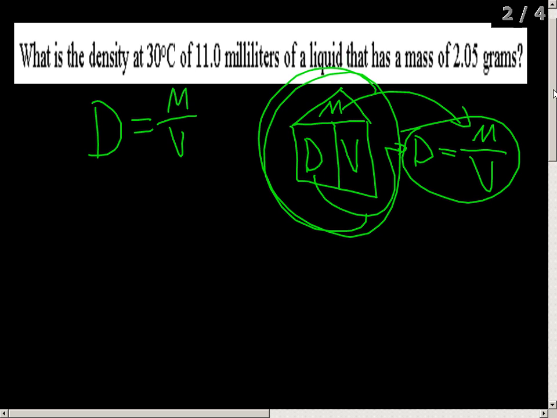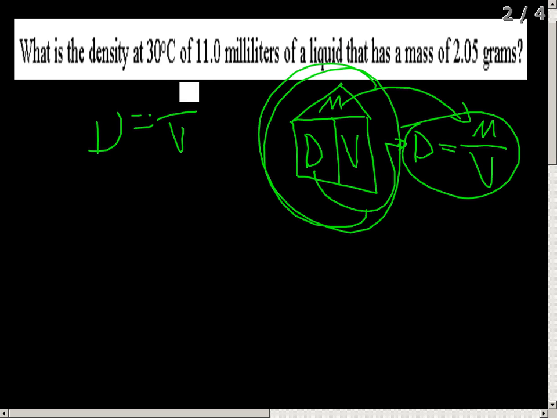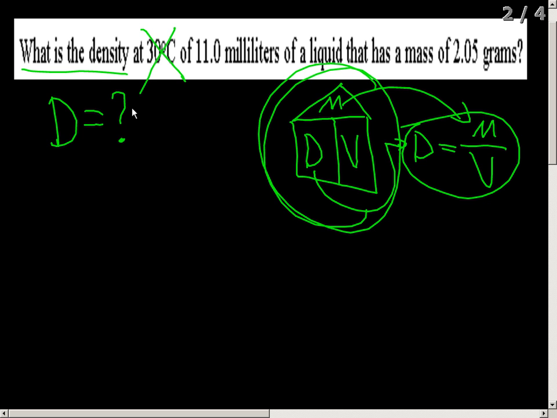So, let's try solving this. Let's read again. What is the density? So, that tells us we don't know the density. At 30 degrees Celsius, temperature, I don't see anything in here mentioning temperature in the formula, of 11.0 milliliters. So milliliters is our unit of volume. So we have 11.0 milliliters of a liquid that has a mass of 2.05 grams.